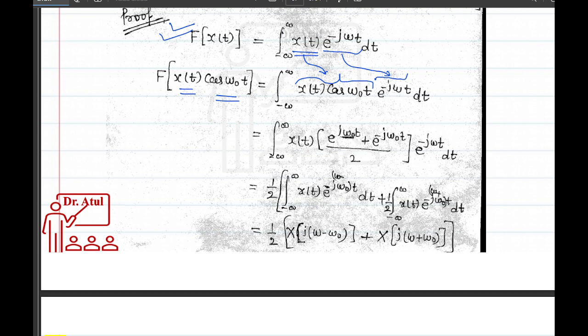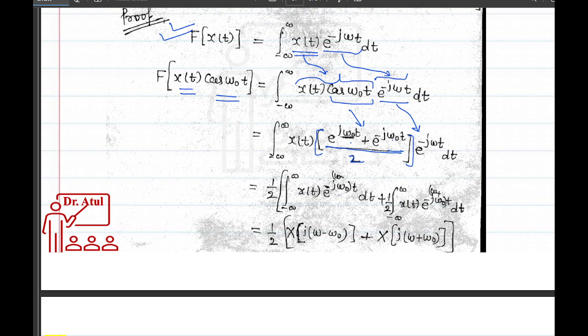Now I can write cos omega naught t as e to the power j omega naught t plus e to the power minus j omega naught t divided by 2. Is this okay? And e to the power minus j omega t will be the same as it is. Now we can multiply inside, so it will be omega minus omega naught, and omega plus omega naught.